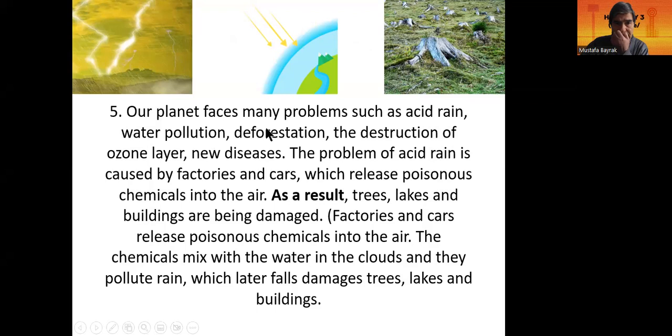Our planet faces many problems such as acid rain, water pollution, deforestation, the destruction of the ozone layer, and new diseases. The problem of acid rain is caused by factories and cars which release poisonous chemicals into the air.